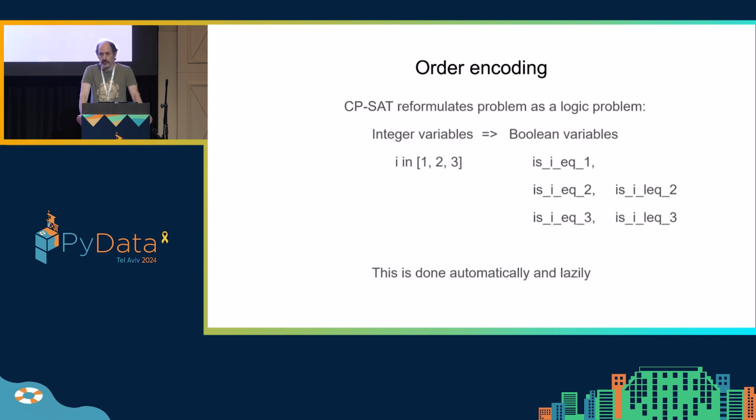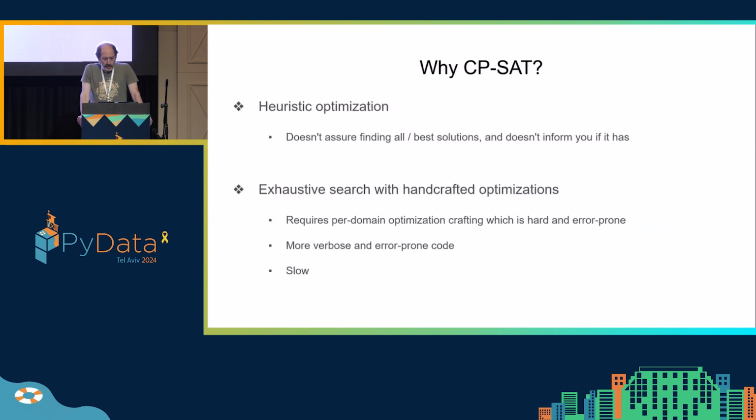And also, we can check ordering, is I less or equal to 2? Is I less or equal to 3? And it turns out that this is enough to have a Boolean representation that can capture also the order of the possible integer values. And you don't need to worry about this because this is done automatically and also lazily, so it's efficient.